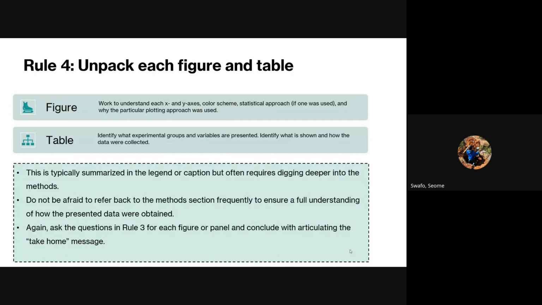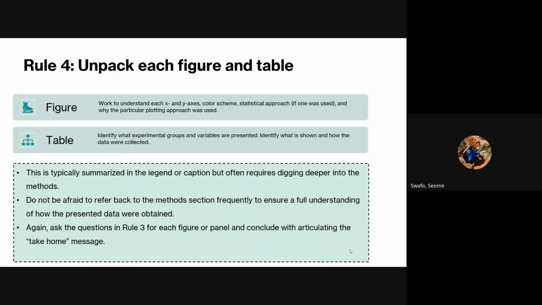Someone will say that I can read 10 articles per day, but do you care whether you understand or not? So when you try to unpack each figure and table, you need to scrutinize the caption, if the legend is there.